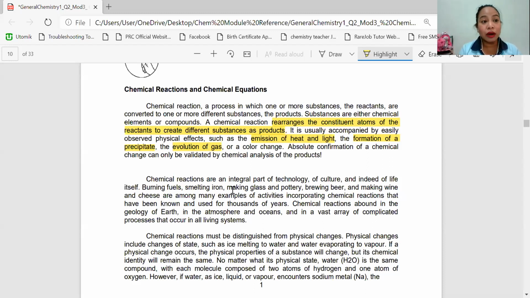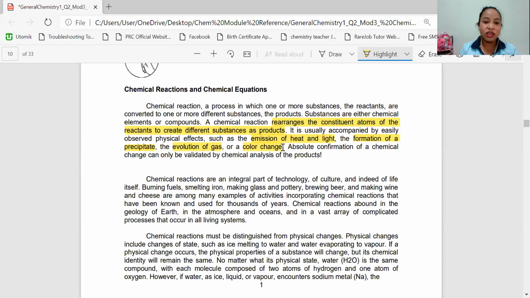Later on, we will talk about the energy in and out of the chemical reaction. Or there is a color change. So if there is a change in color from, say for example, yellow to blue, or green to yellow, for example, a mango. From a green mango, which is unripe, to a yellow mango, which is a ripe one.